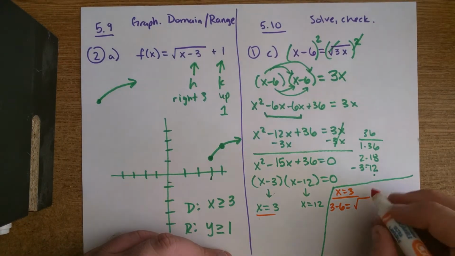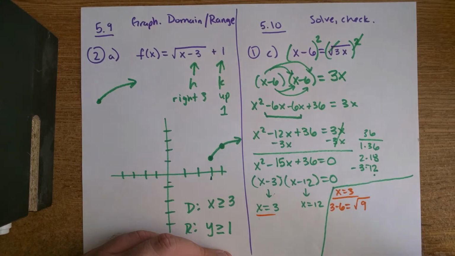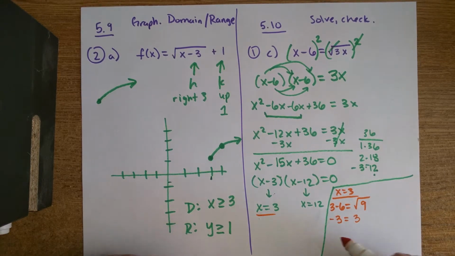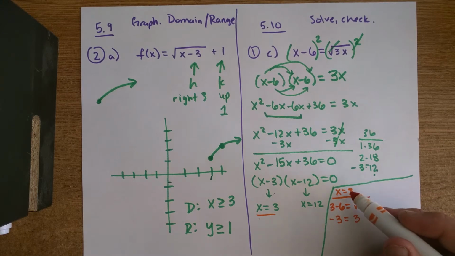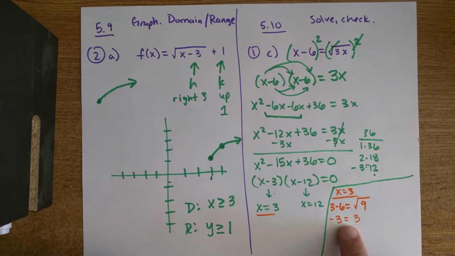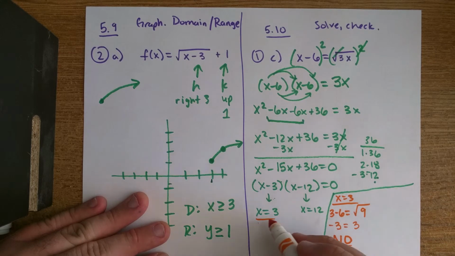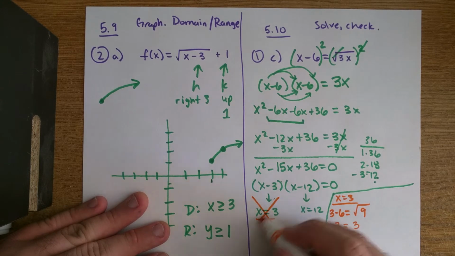Well, that's 3 times 3, which is what? We know that's 9. And then on this side, what's 3 minus 6? That's negative 3. What's the square root of 9? 3. What we're looking for is, when we plug our solution in, does it make both sides equal to each other? Well, is negative 3 equal to 3? No, it's not. Which means we do what with our solution x equals 3? We reject it. It's what we call extraneous.